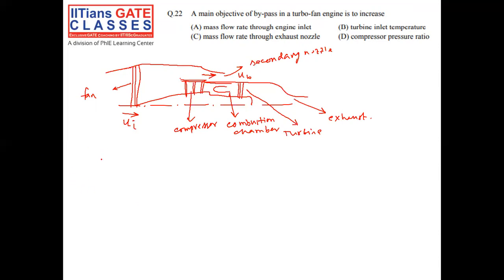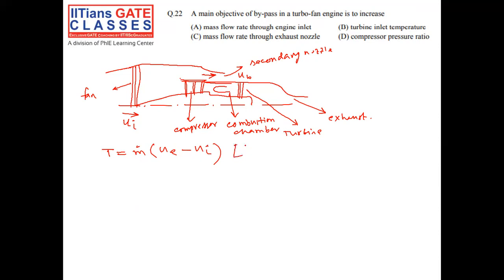Now in a gas turbine engine, the equation of thrust is given by T equal to m dot times (UE minus UI), right? Where m dot is the mass flow rate through the engine, and here of course we have ignored the fuel flow rate.